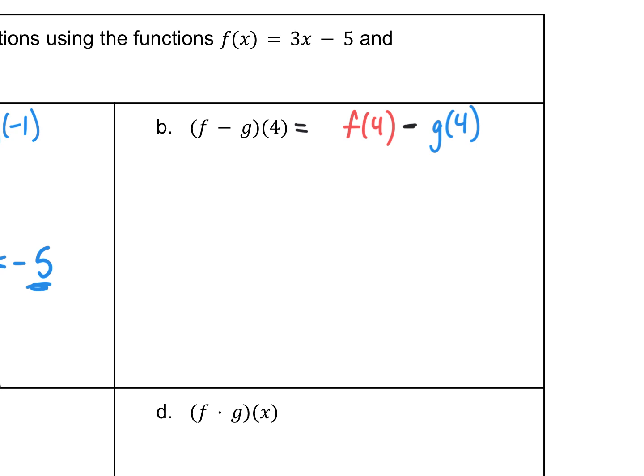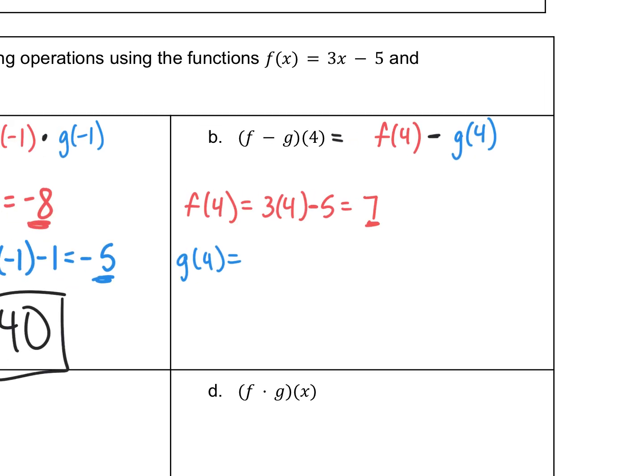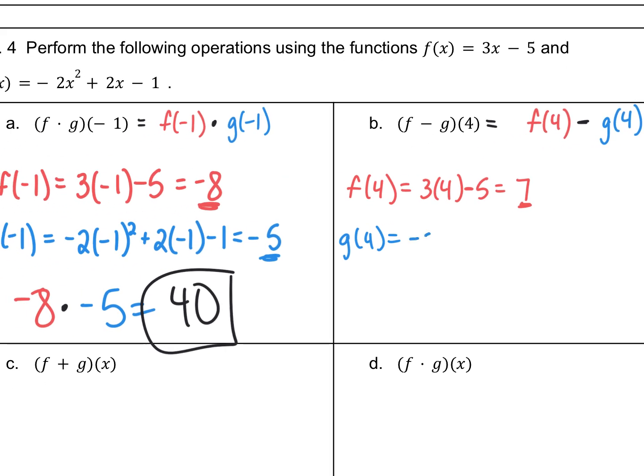F of 4. Which is? 7? Okay, we all agree that 12 minus 5 is 7? Yeah? Okay. And then g of 4. Seems like g is the one that's messing a lot of people up today.